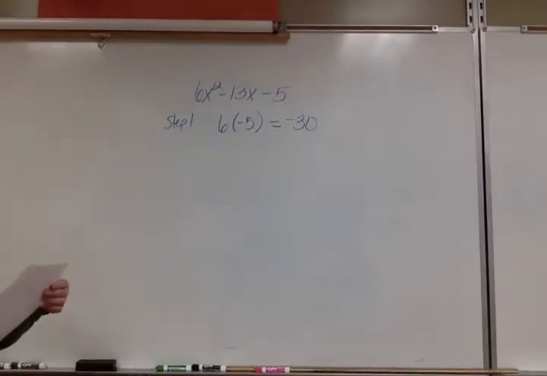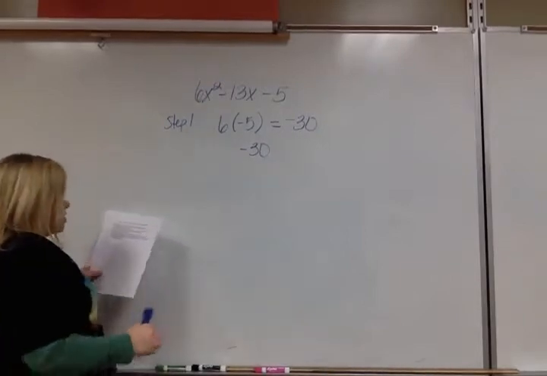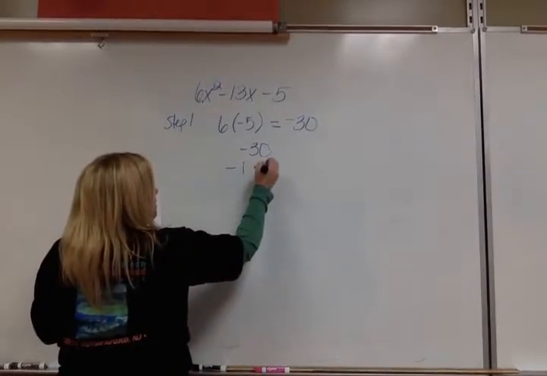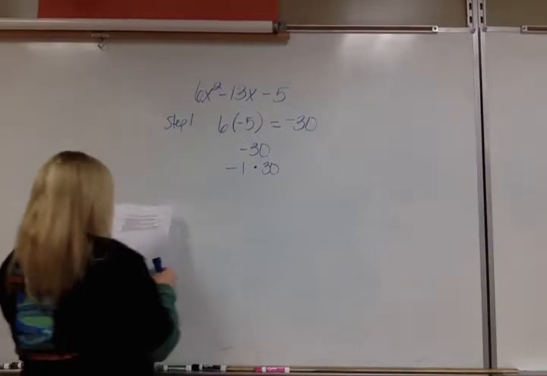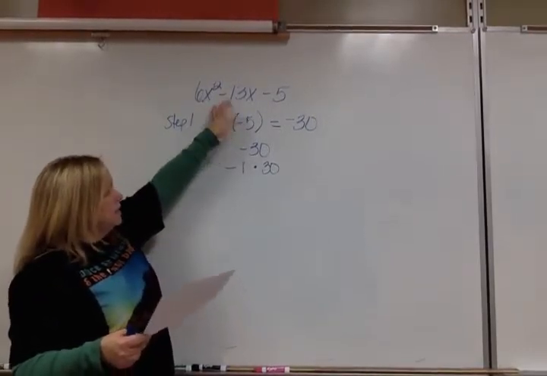Step 2 says, find factors of that number that, when combined, will equal the middle term of the trinomial. So ultimately, you're kind of doing the same thing. So I have negative 30, right? So I could say a negative 1 times 30, right? But if I add those together, is that going to give me a negative 13?